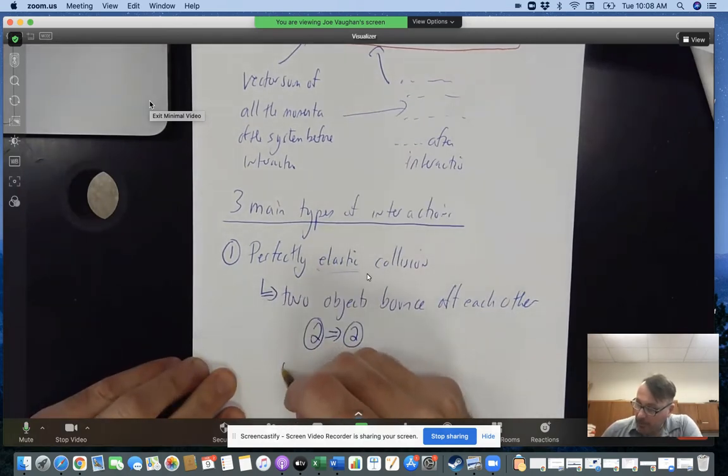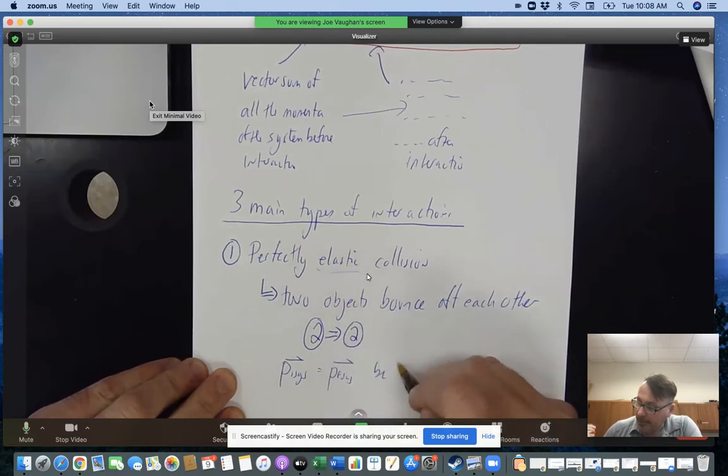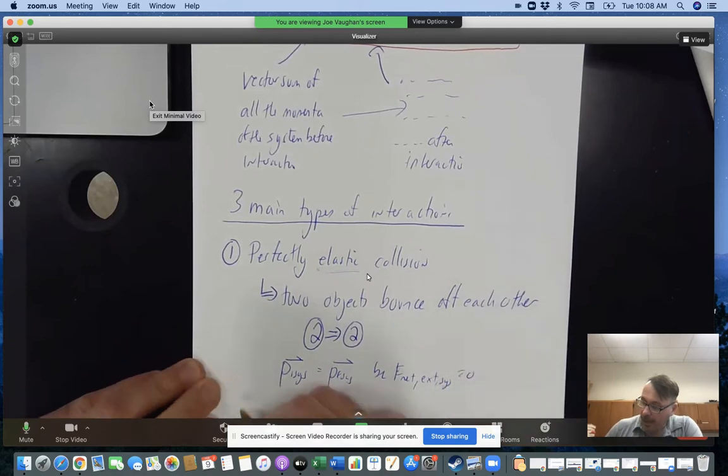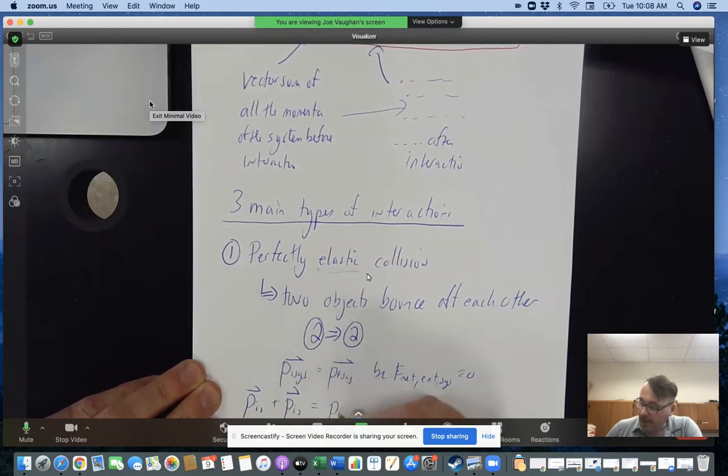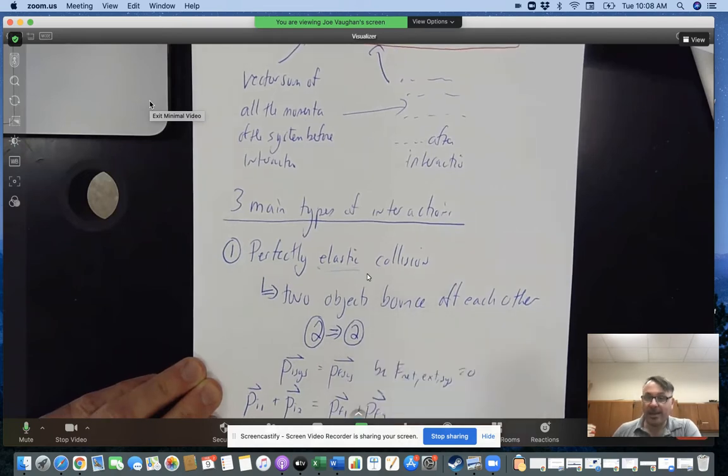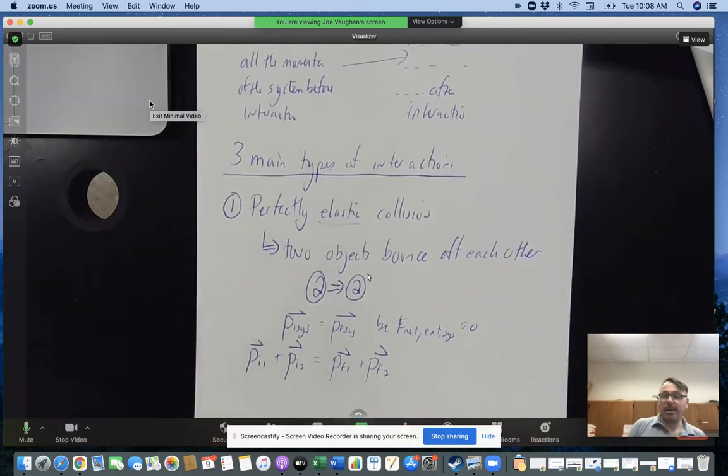Well, when I do PI of the system is equal to PF of the system, because the F net external on the system is equal to 0, I'm going to have the initial momentum of object 1, vector, plus initial momentum of object 2, vector, is equal to the final momentum of object 1, vector, plus the final momentum of object 2, and then it becomes an accounting problem. I have my before and after pictures, and I fill in as appropriate, as we will see, okay?